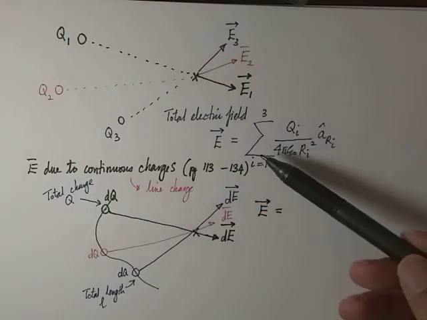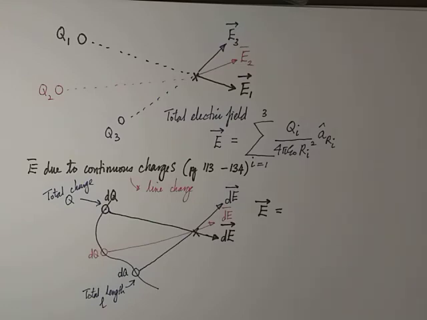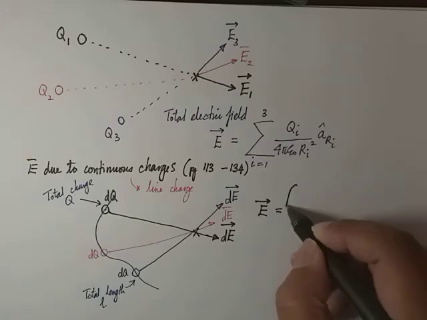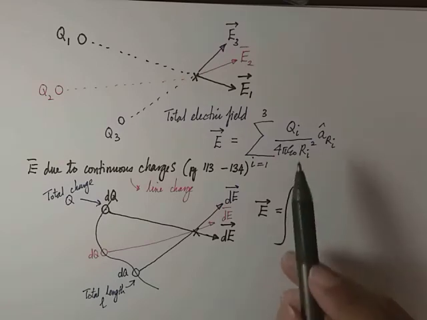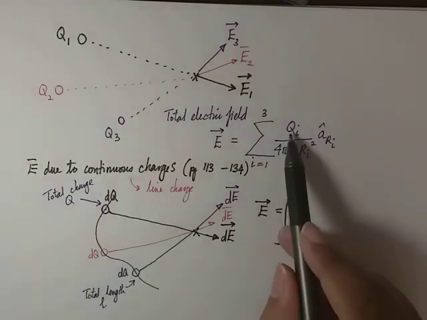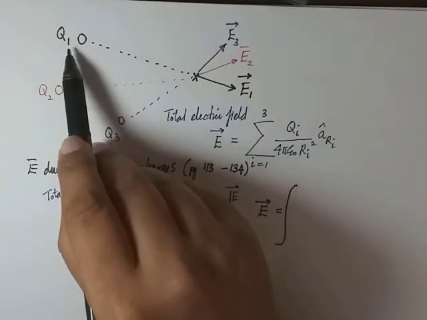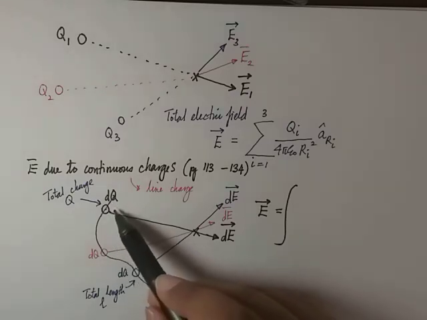That's why we use the symbol sigma. But now we need to use a different symbol because the charge is continuous. So therefore, I'm going to use the symbol of integration. Okay. Now let's look into the detailed mathematics. So now we see here is Q, because it carries the charge Q. But now what we see actually on the point charge, is it Q or dQ?